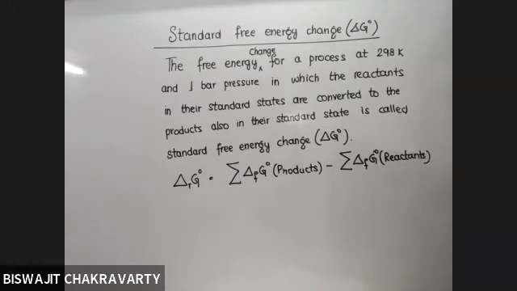The questions that are generally asked under this topic are either based on spontaneity, where you need to calculate the temperature at which the reaction will be spontaneous, or predict whether the reaction will be spontaneous or not. The second type of questions will be based on calculating the standard delta G degree of the reaction.